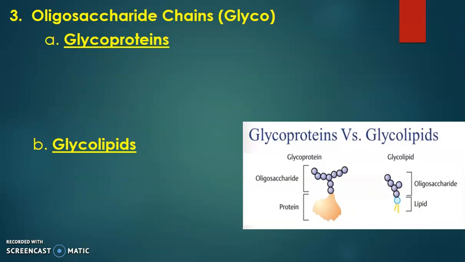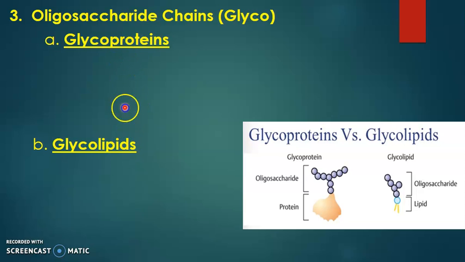Third out of four, we have what we call oligosaccharide chains. Fancy word for sugars or carbohydrates. So if you see the prefix glyco, that means you have a carbohydrate chain. There's going to be two types. We're going to have what we call glycoproteins and glycolipids. All right, both are going to serve the same function.